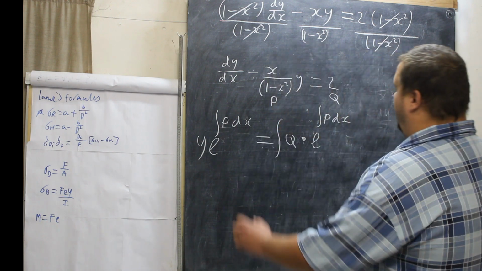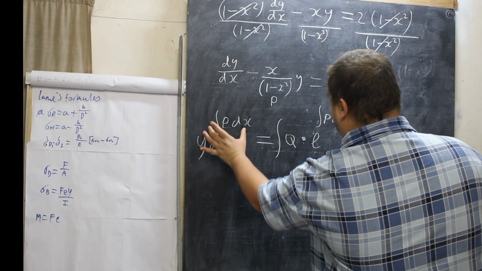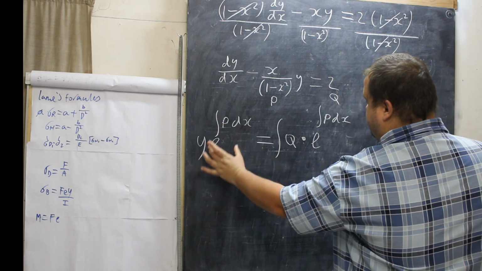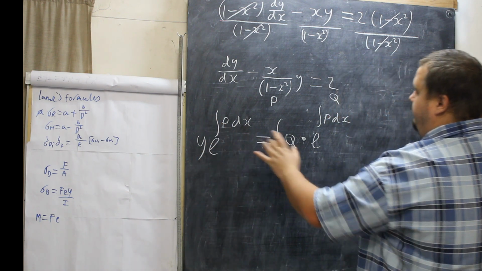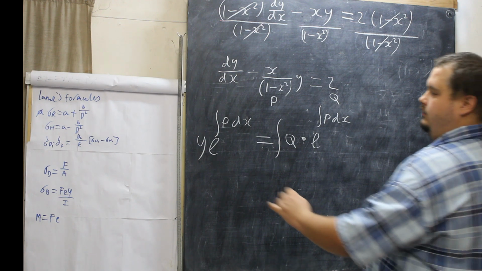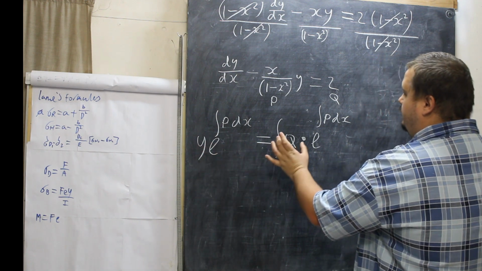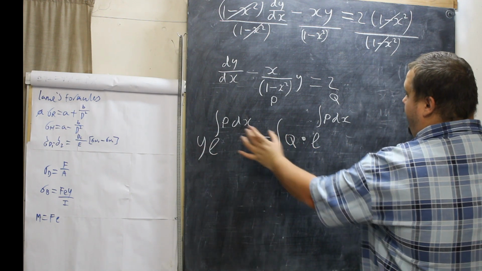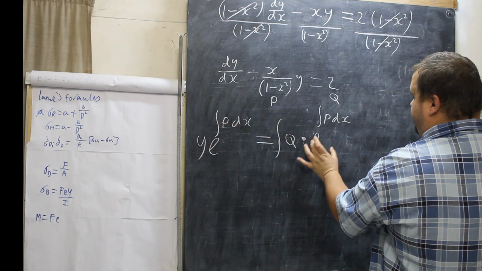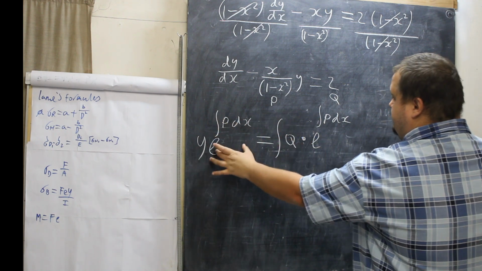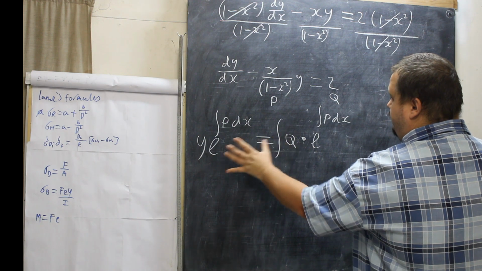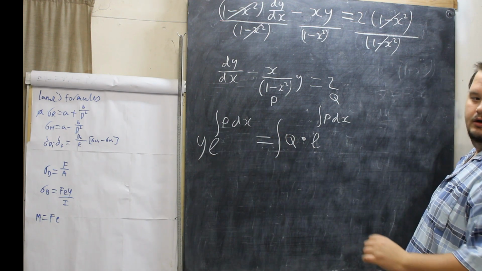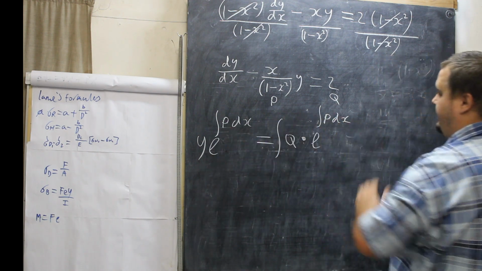So we're only going to work with this section first, because when we work with this section first, we'll just have y by itself. So then we will work out Q, and already what's the integral of that. So these two are exactly the same on either side. So what happens here will happen here at the same time.